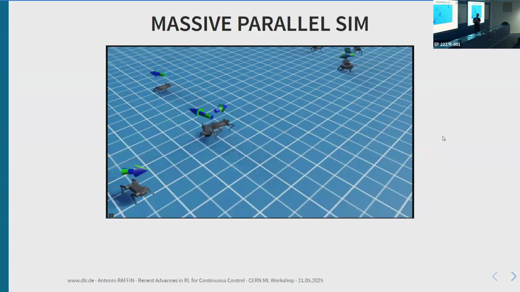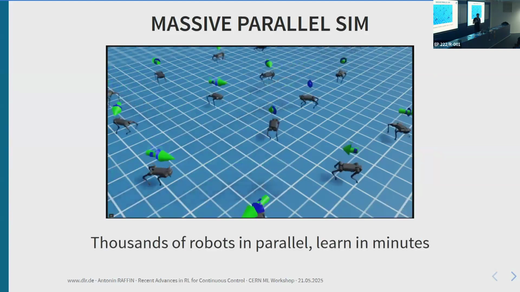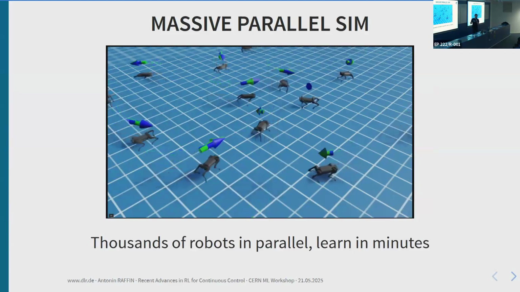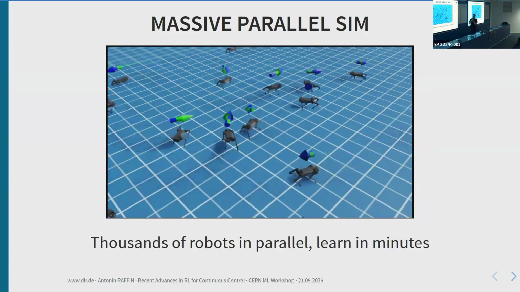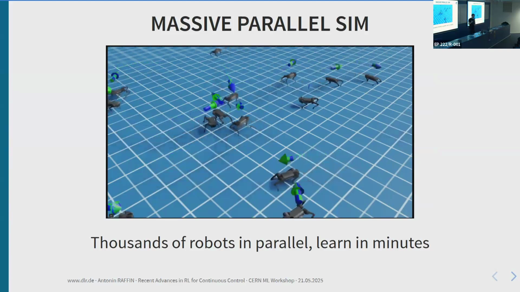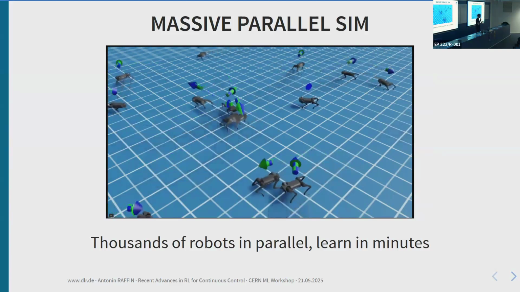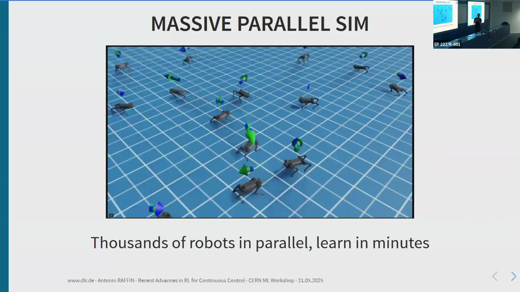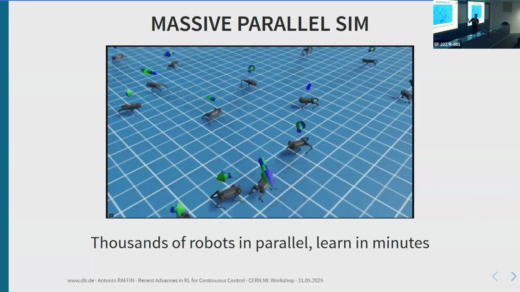The idea is, instead of simulating just one thing in the simulator, to have 1,000 robots in parallel. Because you have 1,000 robots in parallel, you don't care at all about sample efficiency anymore. You just care about how fast you can train. With the right hyperparameters, you can train in minutes instead of much longer. And you can have a very diverse training.